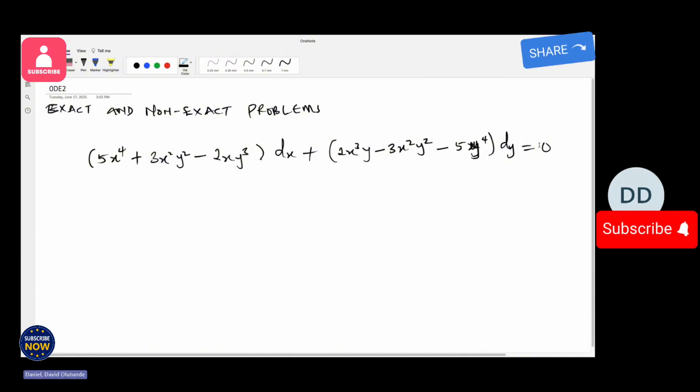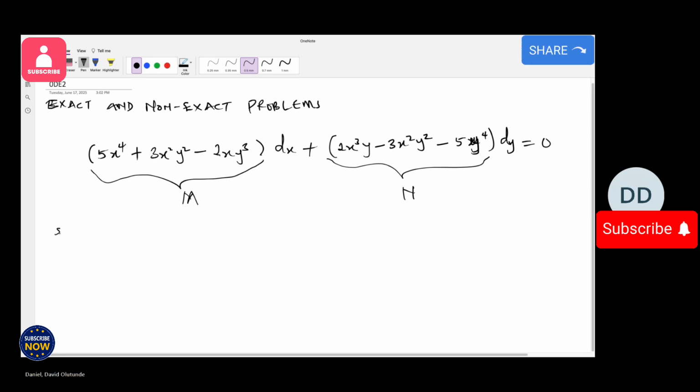Now, the next question arises. Since we cannot use separation of variables here, and also we cannot apply the Bernoulli equation, but when you're given a problem that can be expressed this way, you can call this M, you can call this N, such that you can write this as M dx plus N dy equals 0.